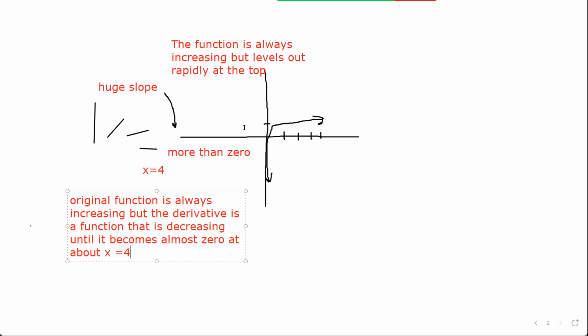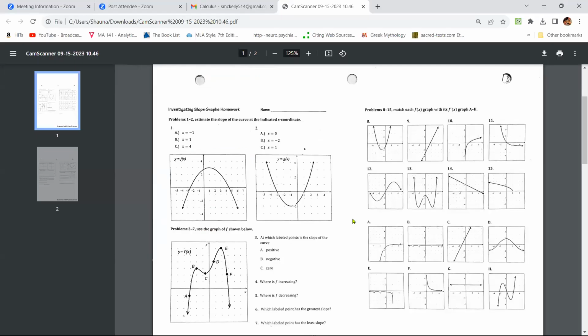We don't have any points for negative values of x. So we have to eliminate the ones that have negative values of x.